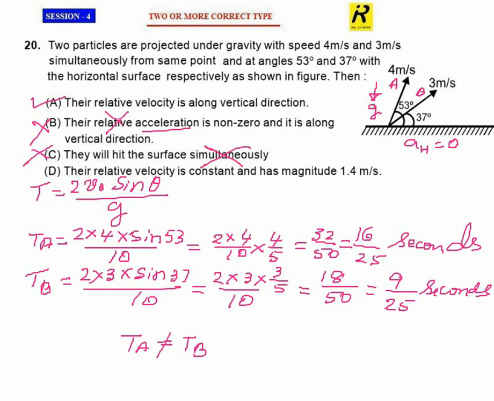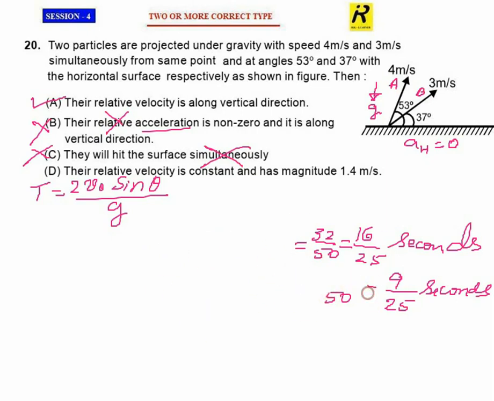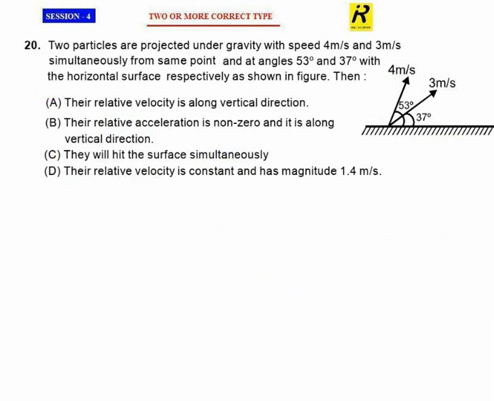So finally, I have to take the last option. What we got is this option came right and these two went wrong. Now option D: the relative velocity is constant and has magnitude 1.4.